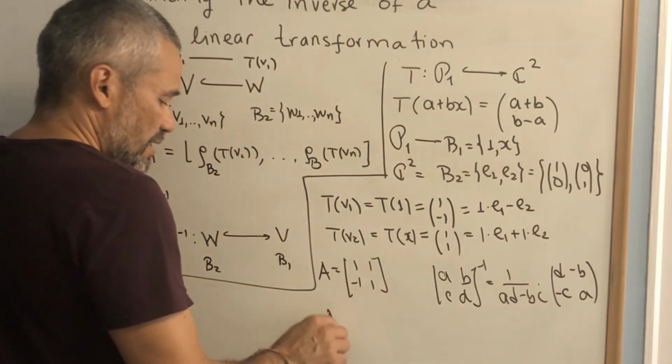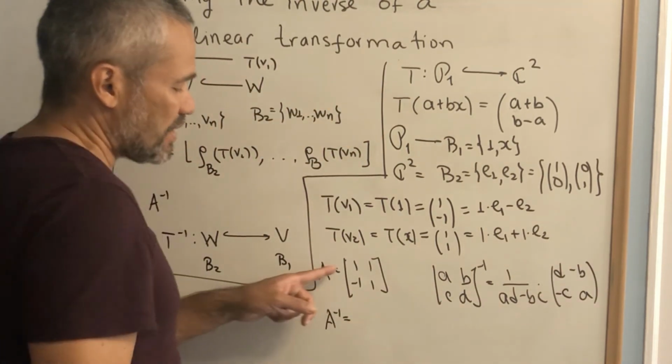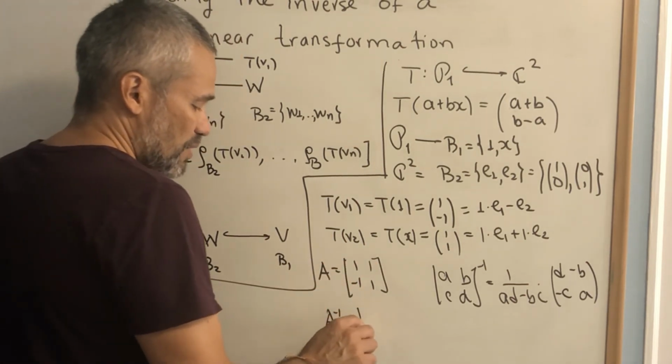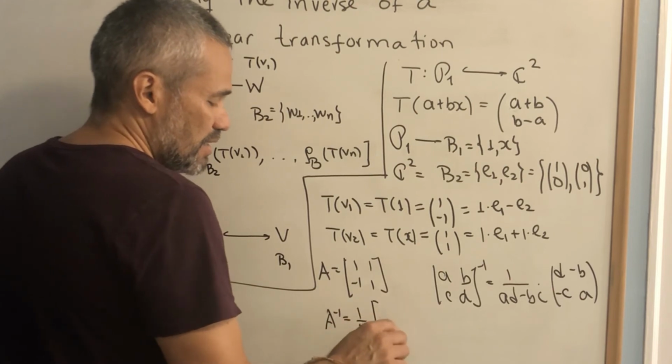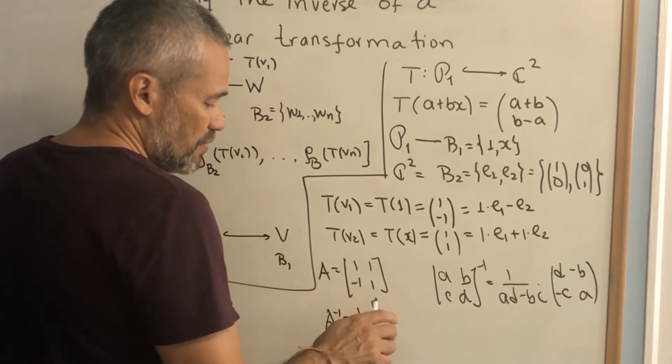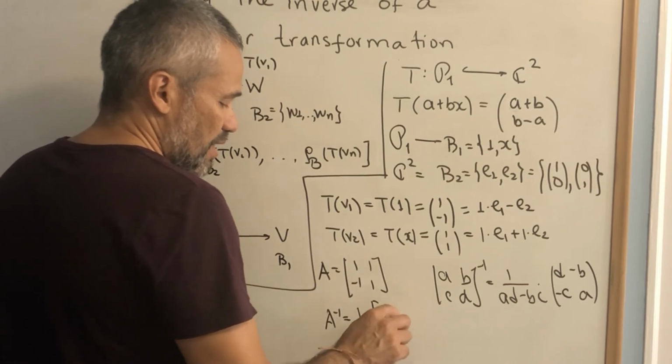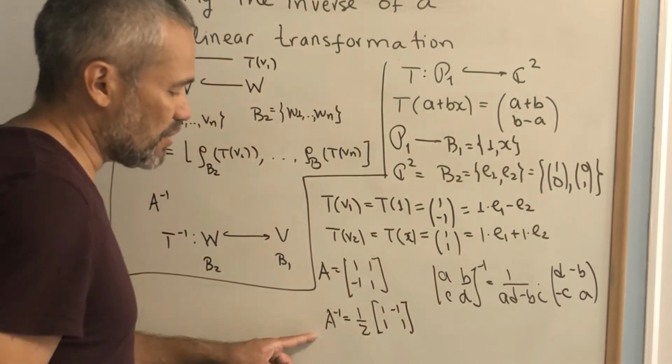Then we get that the inverse is 1 over the determinant, 1 minus negative 1, which is 1 plus 1, which is 2. And here we switch these two, and we get 1 and 1, and we change the sign of these two, and we get 1 and negative 1. This is the inverse.